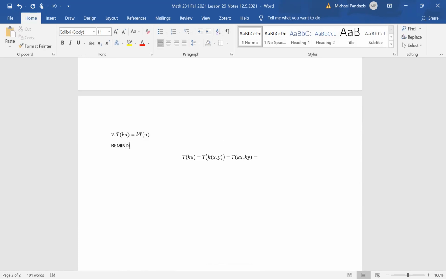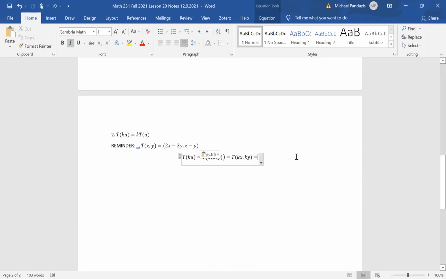So reminder, that's T. So T of kx comma ky is equal to the ordered pair where it's 2 times the first component, which is kx, and then minus 3 times the second component, which is ky, comma, the first component, which is kx, minus the second component, which is ky.